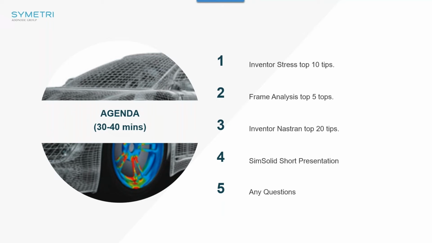It's a very fast solution and it just works. So for 10 minutes towards the end, I would like to show you an example, and then you can relate that example back to how you think you could do it in Nastran or Inventor Stress. Hopefully after that we'll have ample time for any questions you may have. If you think of a question based on what I'm showing you, please type it in the questions so that we can go through it together.